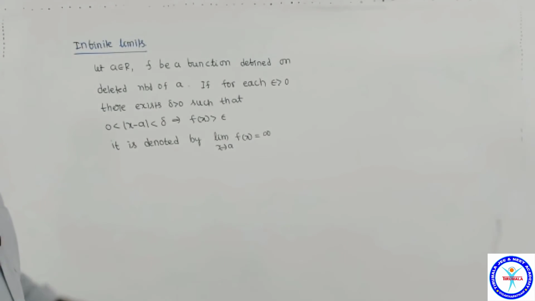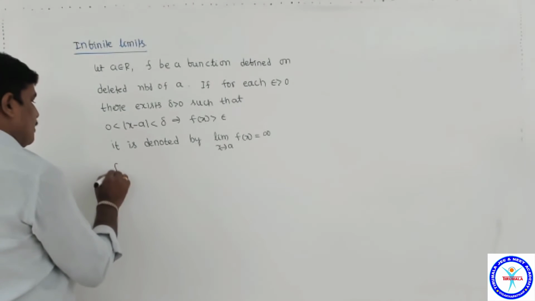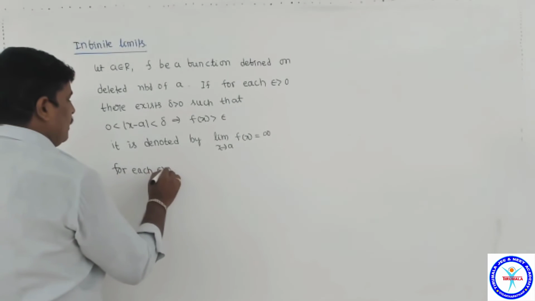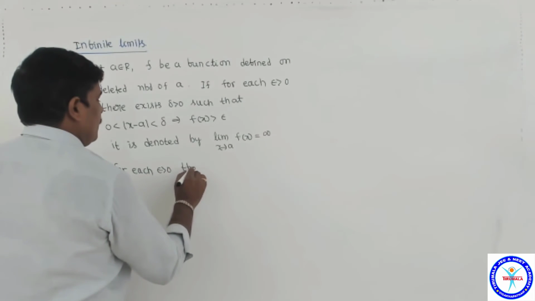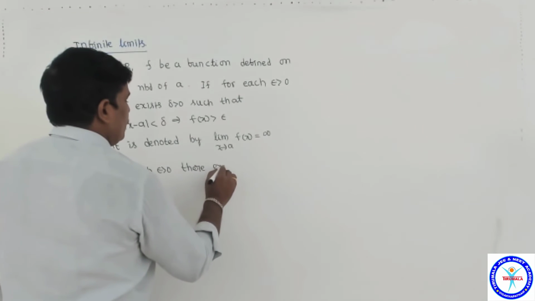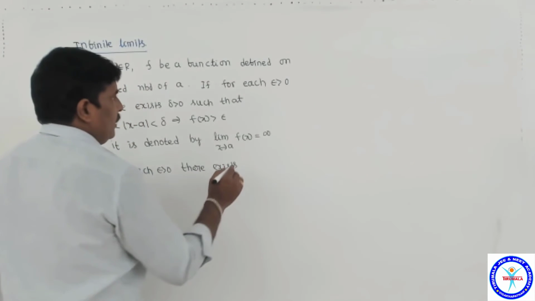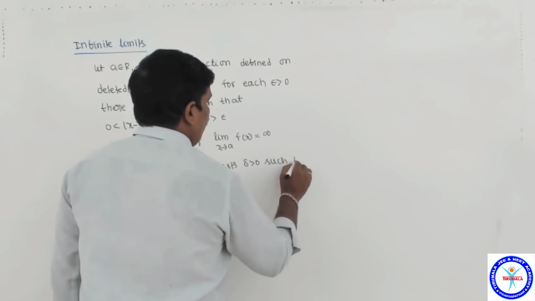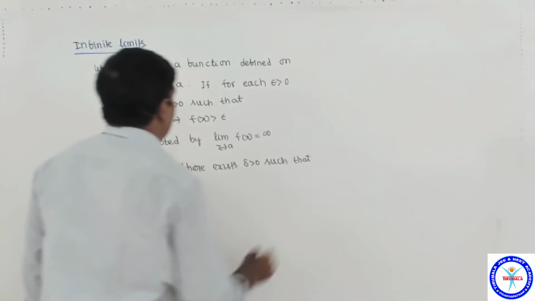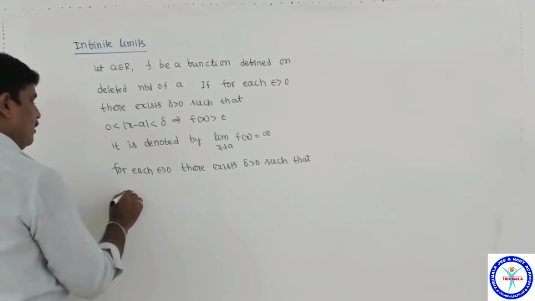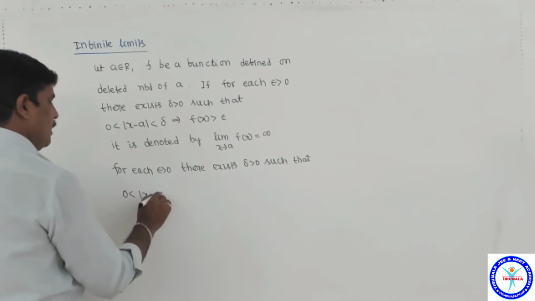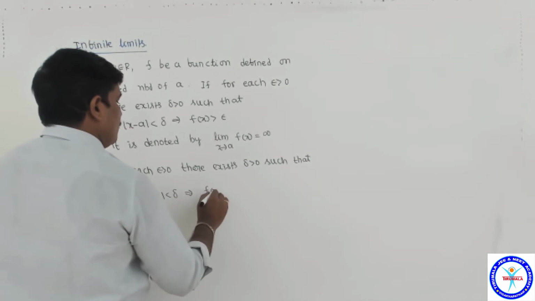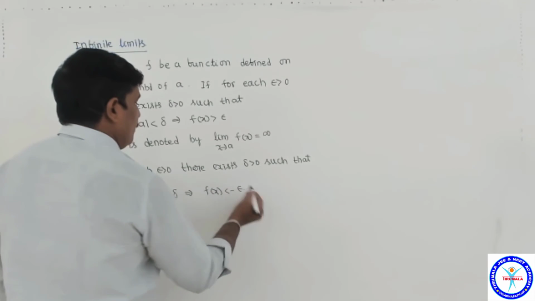At the same time, for each epsilon greater than 0, there exists delta greater than 0 such that 0 less than mod x minus A less than delta implies f of x less than minus epsilon.